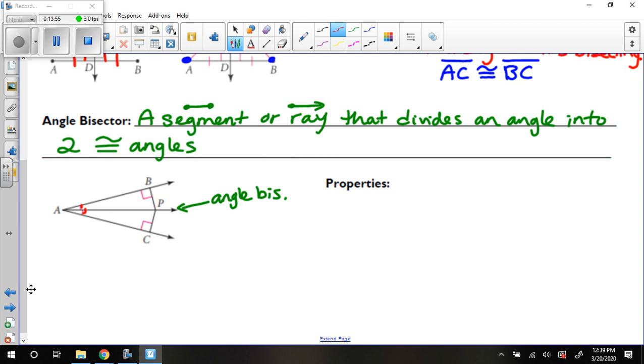So I know in this picture that angle BAP, okay, that's this top angle here. Here, I'll put the dot a little bit closer. It's this angle right here is congruent to angle CAP, which is this angle down below it.